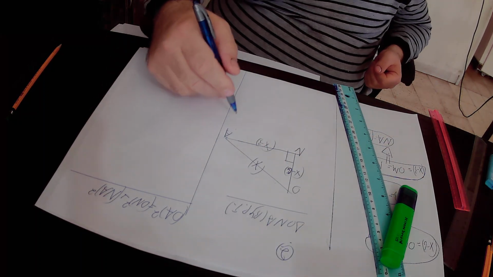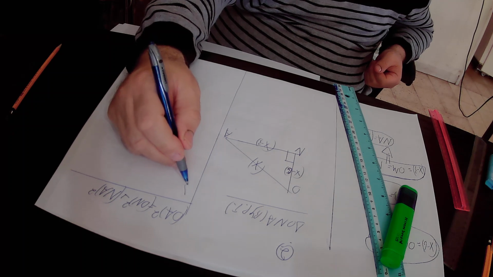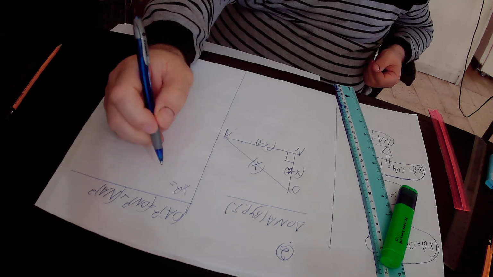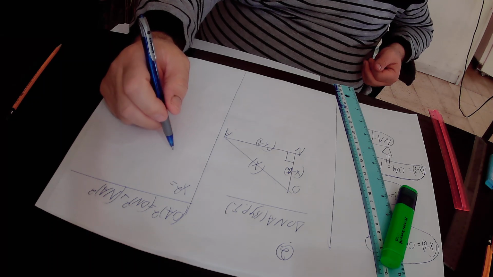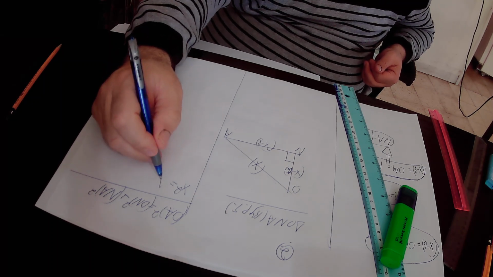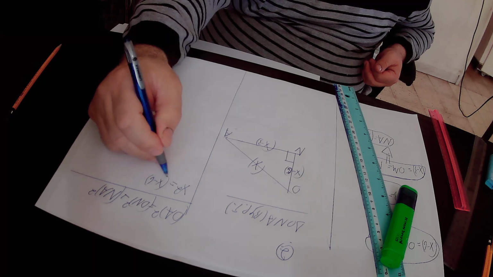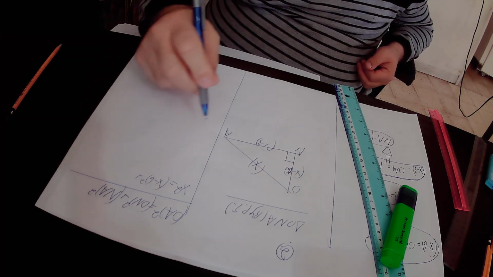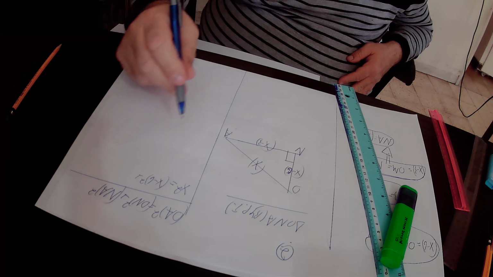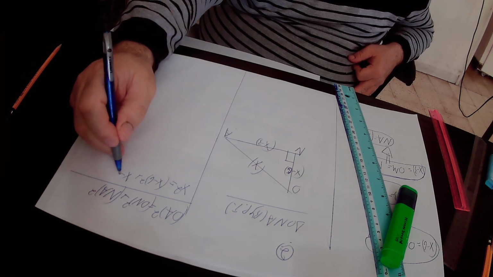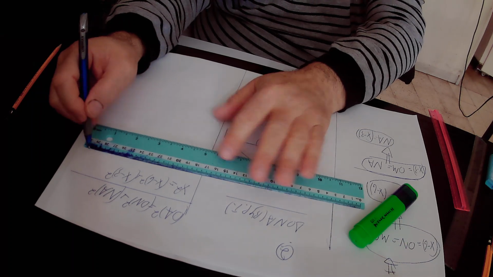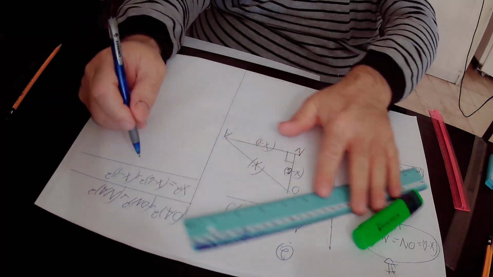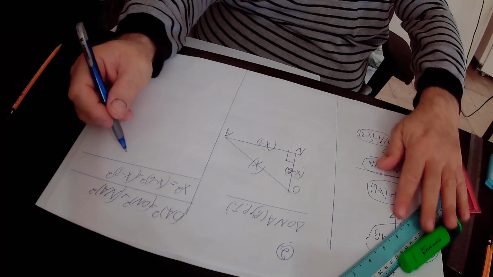OA equals x, therefore OA squared is x squared. ON is x minus 6, therefore ON squared is x minus 6 squared, plus NA squared. NA is x minus 3, therefore NA squared is x minus 3 squared. In conclusion, x squared equals x minus 6 squared plus x minus 3 squared.